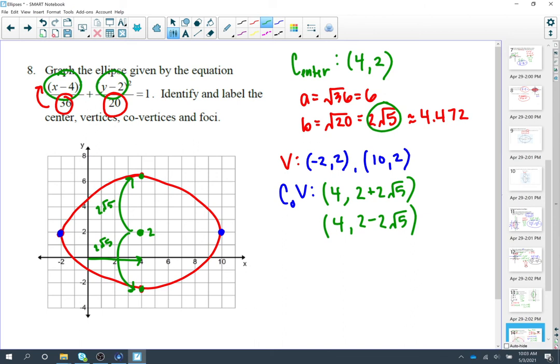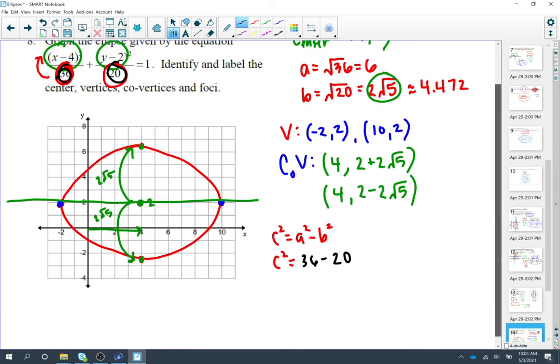Then we need our foci. They're going to be somewhere here along our major axis, but we need our c value. So once again, c squared equals a squared minus b squared. A squared, we know up here was 36, minus b squared, we know was 20. 36 minus 20 is 16.